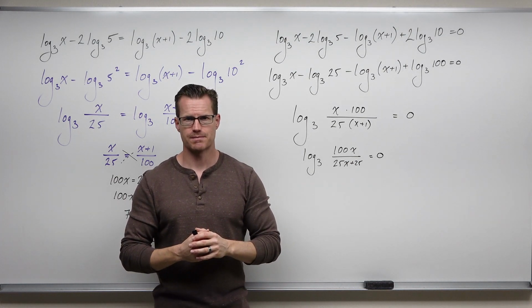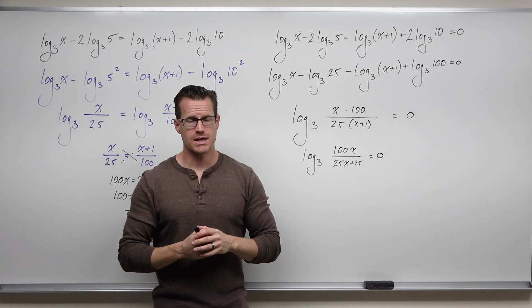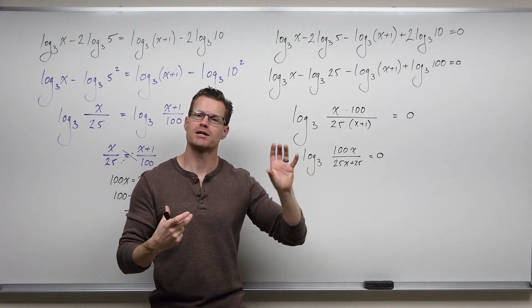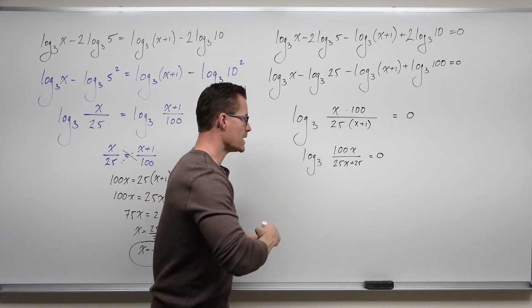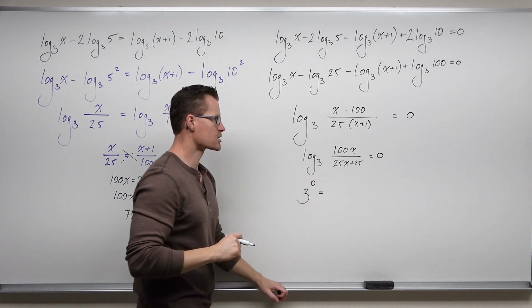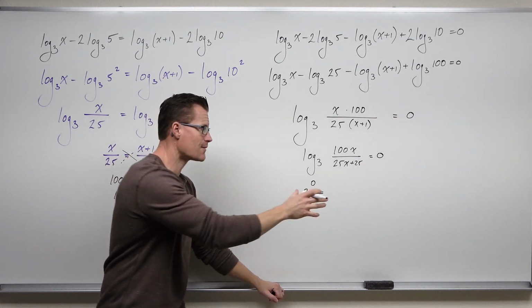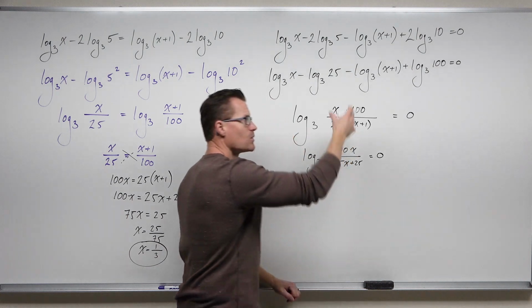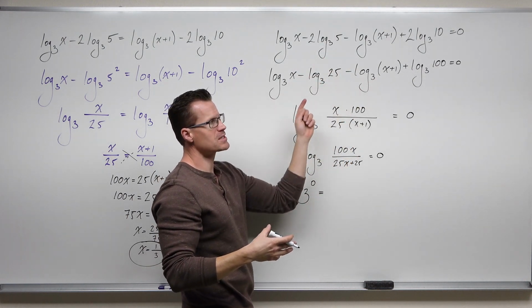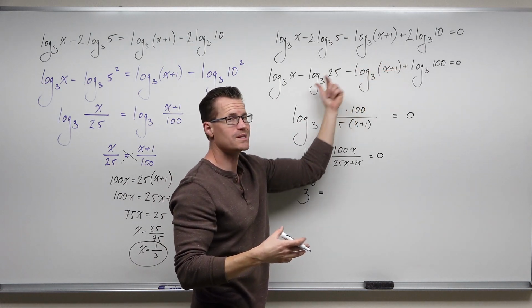Identify what your base is. Well, logarithms have separated the base from the exponent. The base is 3. The exponent is 0. So our base raised to the exponent will have to equal whatever our inside of our logarithm is. That's why we had to combine those, because you can't set base to exponent equal to all these different logarithms at once.